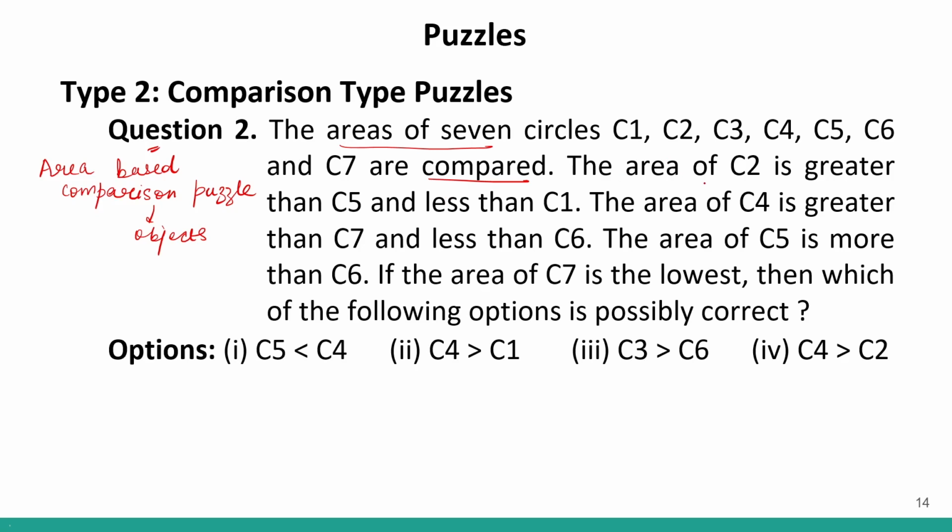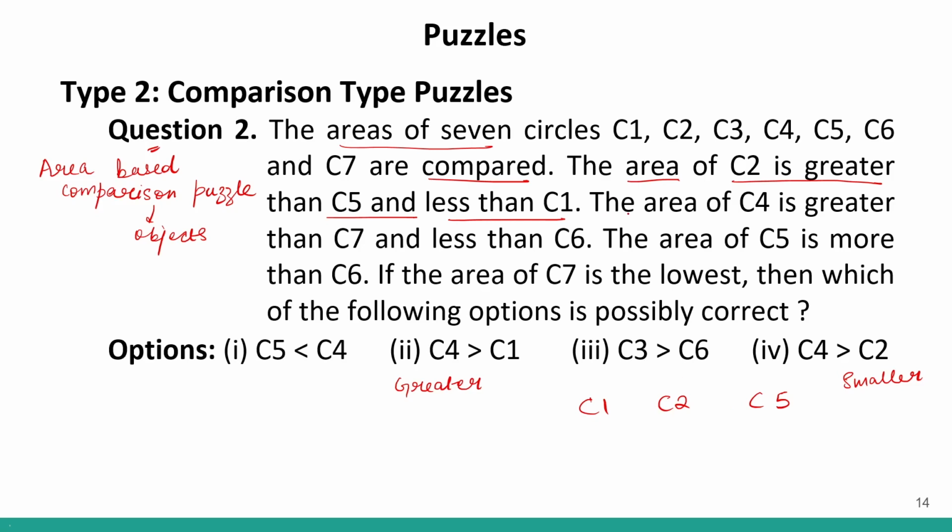It is given to us that the area of C2 is greater than C5 and less than C1. So I am taking this to be the greater side and this to be the smaller side. So they will come like this.